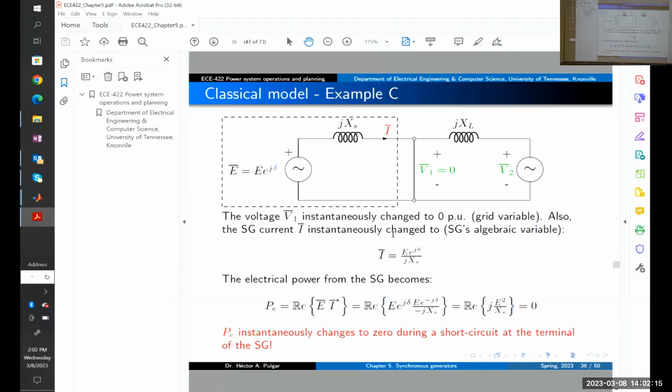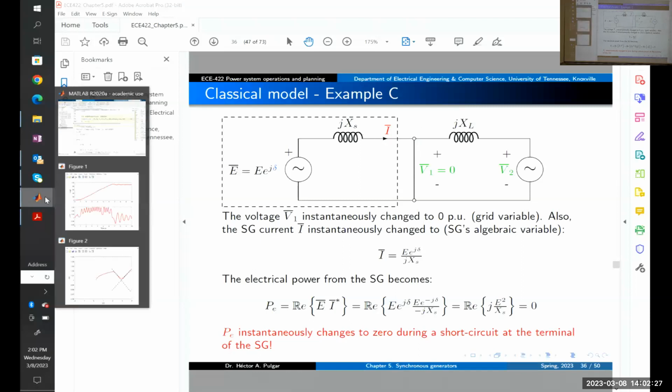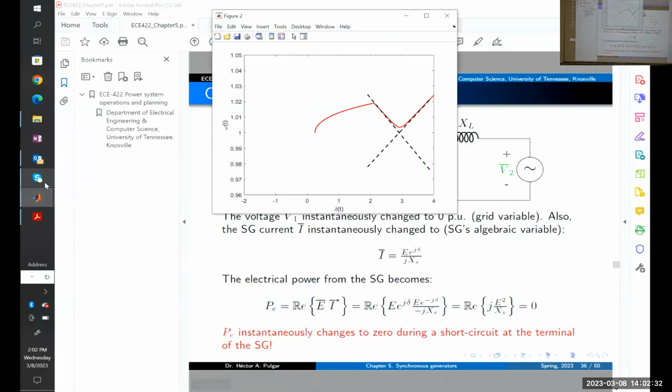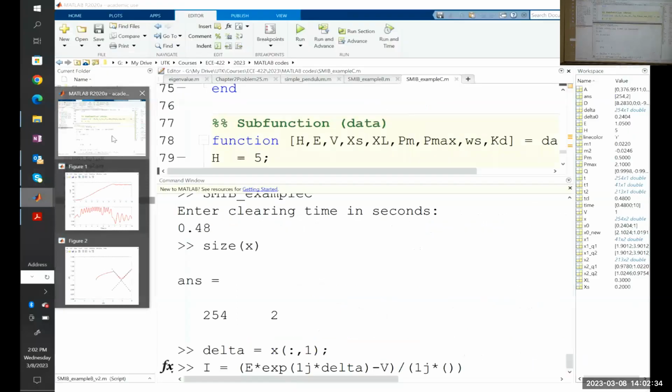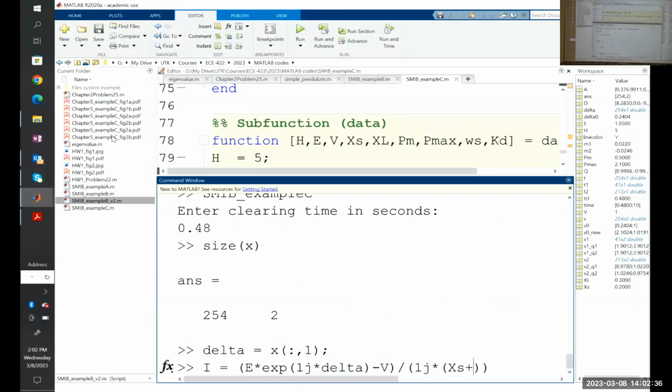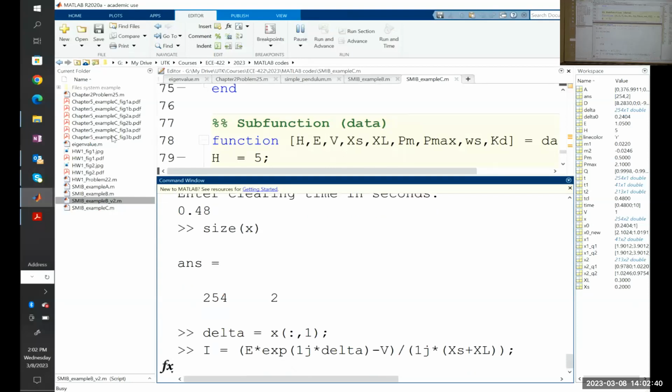Here we have the short circuit, and then when we clear the fault, the total reactance will be XS plus XL. We put it there, on the plot, this one. XS plus XL. So here we have the current.